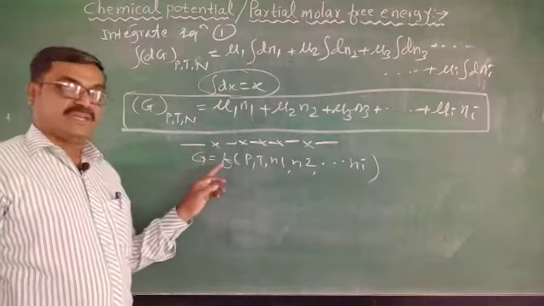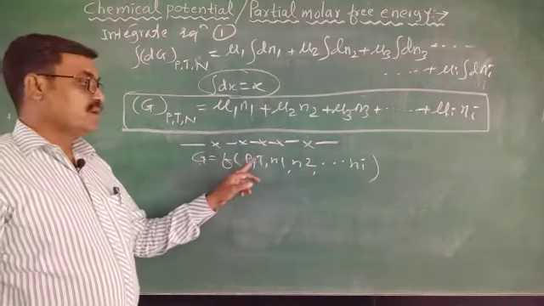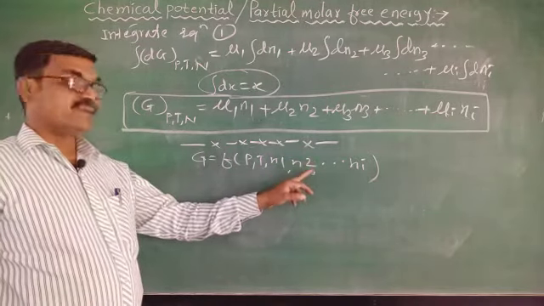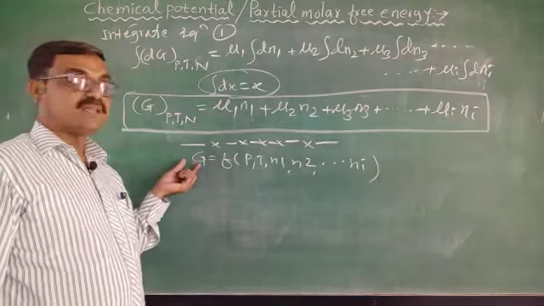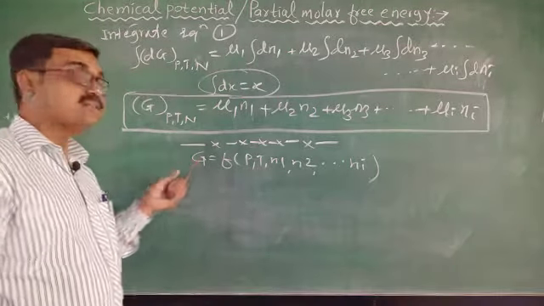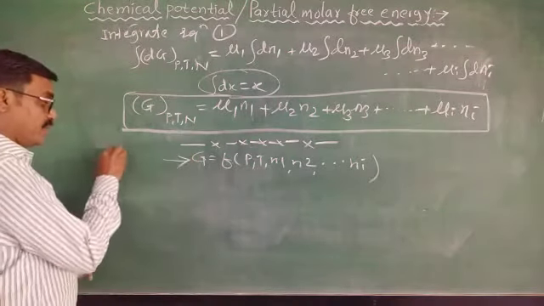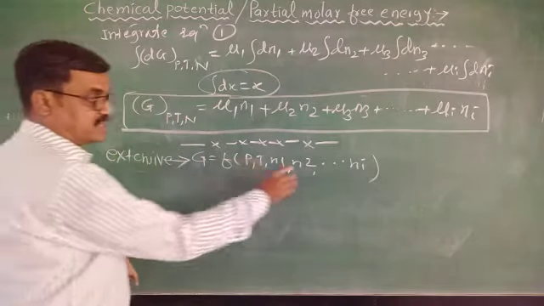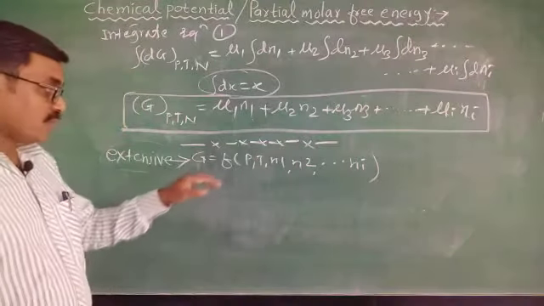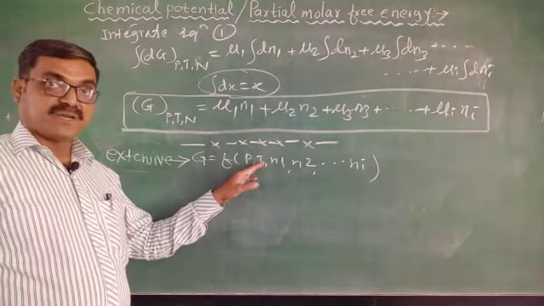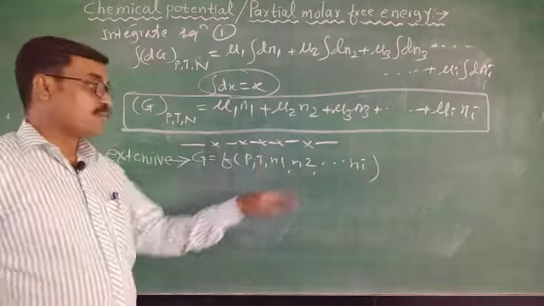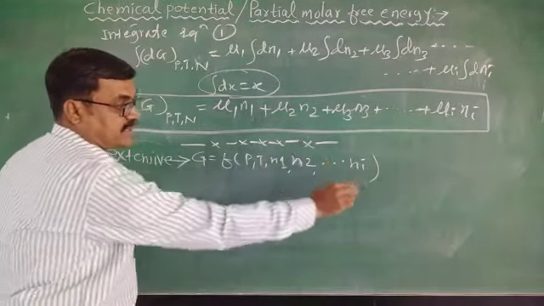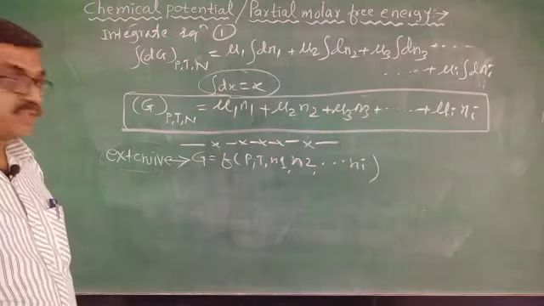Because the Gibbs free energy changes as the pressure or temperature or the number of moles of the constituents changes. That's why the Gibbs free energy is an extensive property. Why is it extensive? Because it depends not only on the pressure and temperature, but also on the number of moles of the constituents. These n1, n2, n3 are nothing but the numbers of moles of the constituents.